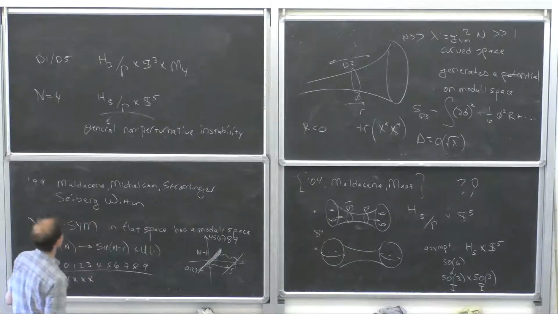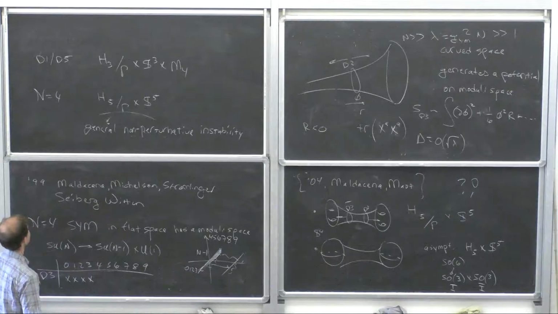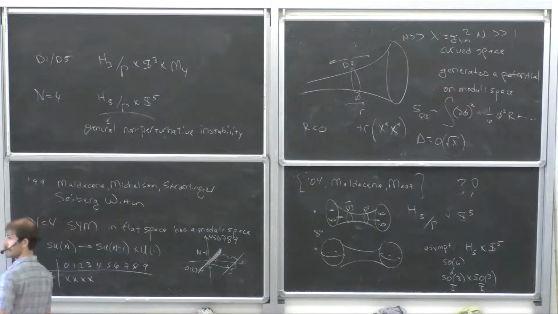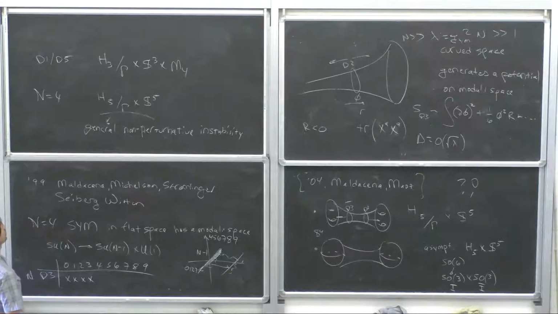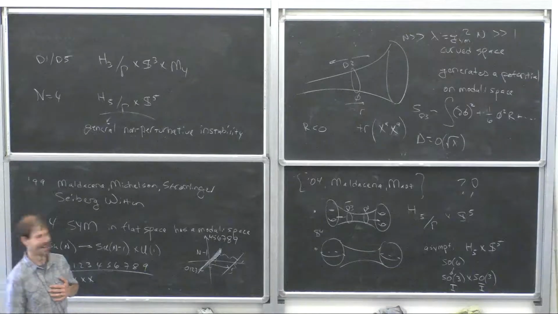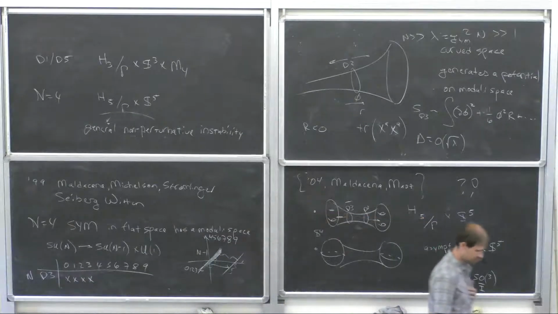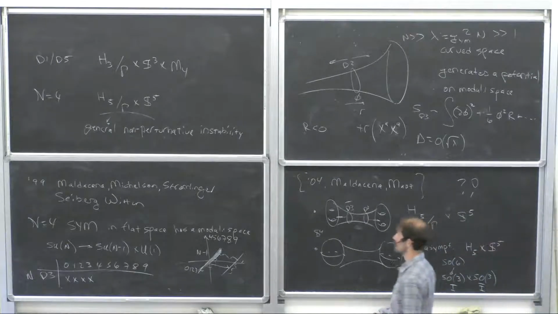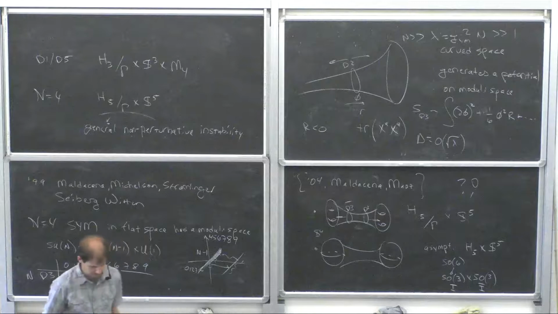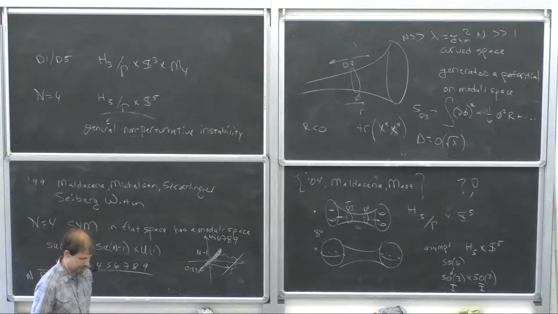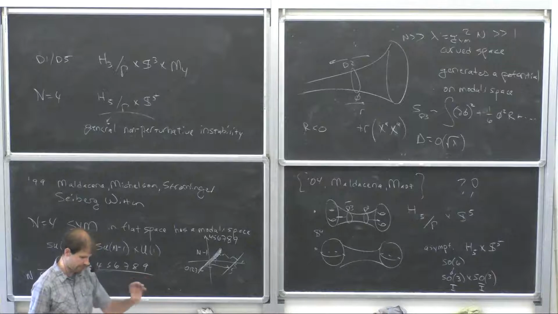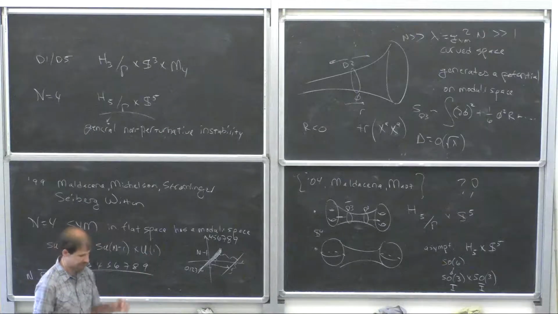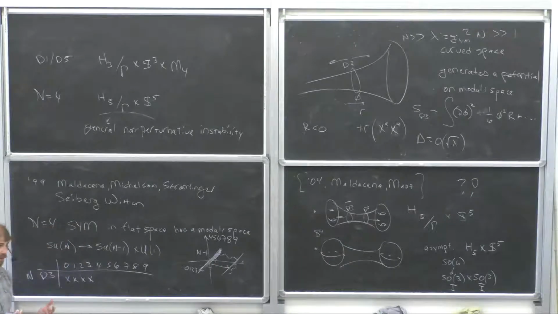The story for D1, D5 is a little bit more complicated than N equals 4, for reasons I can't explain in this amount of time. The short version is that these compactifications often come with moduli, and D1, D5 is no exception. There's a bazillion moduli associated with the compactification on, like, T4 or K3. And what can happen is that if you tune away from the point where they're all 0, which is perfectly legal, then you no longer have exactly BPS branes.